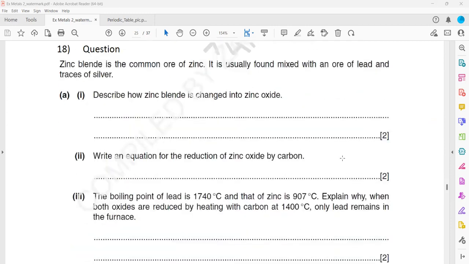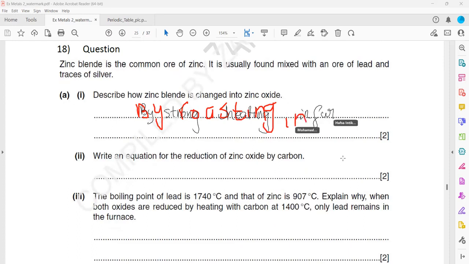Question 18, a similar question. Just quickly, you can use screen annotation to complete this as well. Describe how zinc blende is changed into zinc oxide. How is it done? By strong heating in air or in a furnace.